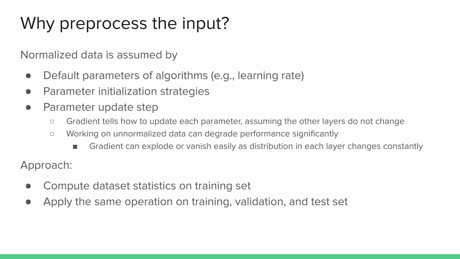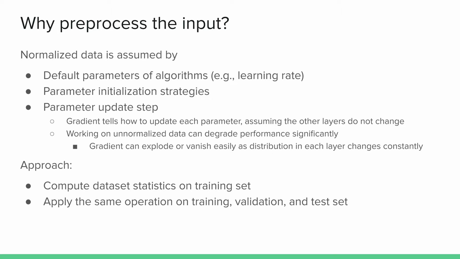Why do we need something like preprocessing? So there are a couple of reasons why preprocessing can be necessary or at least beneficial whenever you train a neural network. There are many parts of your network that assume normalized data. So input normalization is one major factor that you should definitely consider.